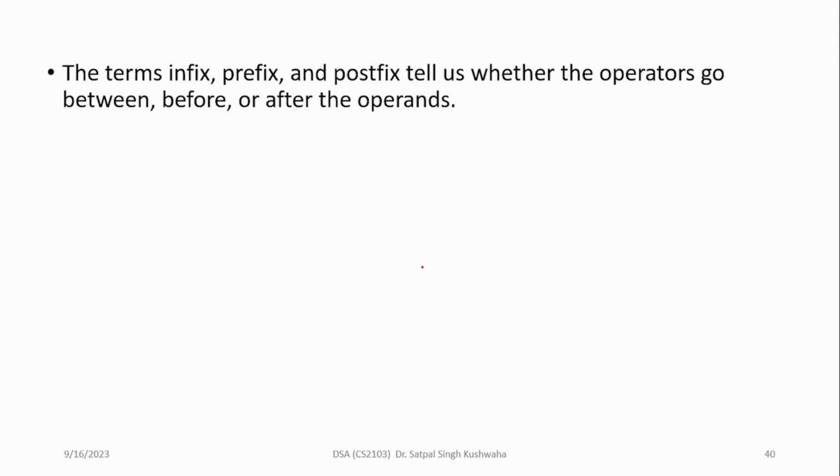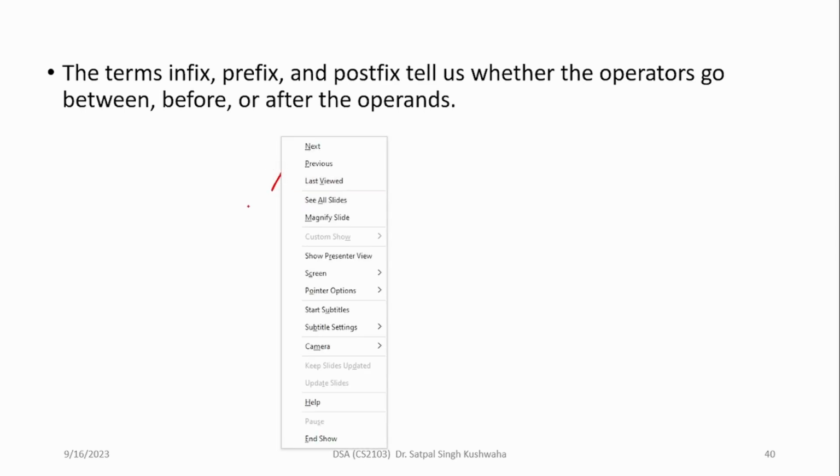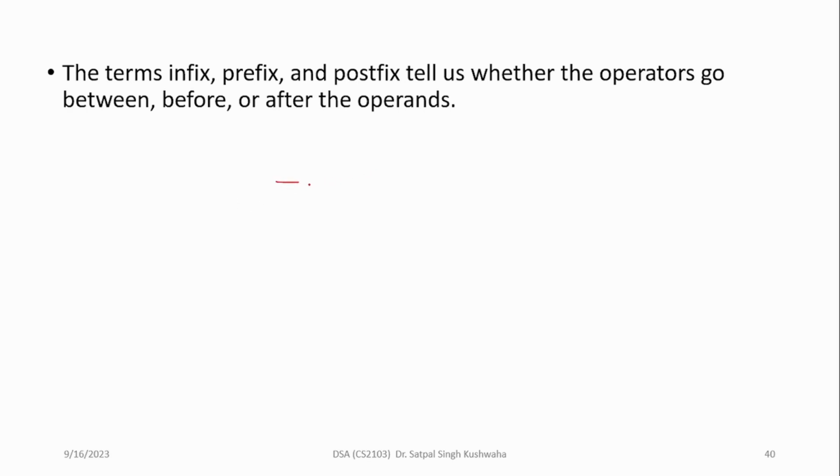The terms infix, prefix and postfix tell us whether the operator goes between, before or after the operands. Give me a minute. Suppose I have two operands here, A and B. The first is the infix notation, the second is the prefix, and the third is the postfix.